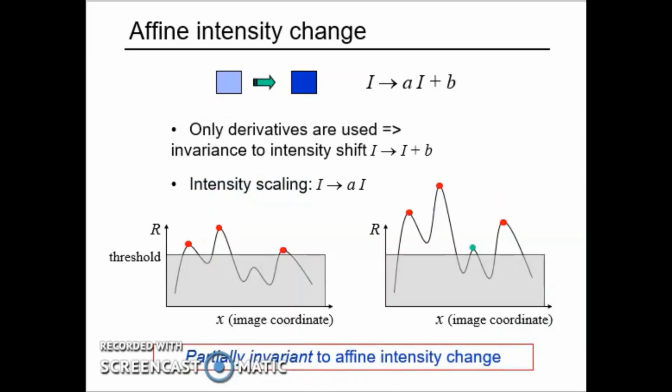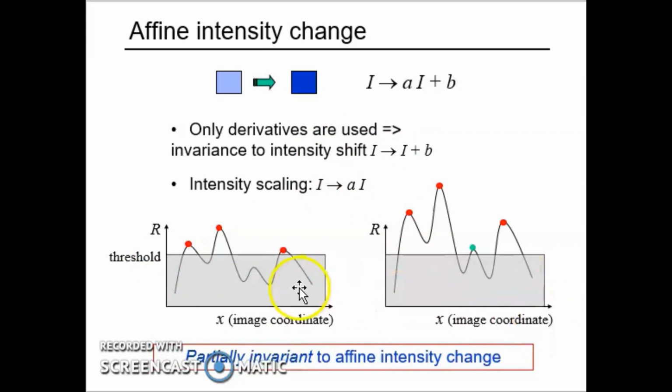Let us briefly discuss these properties that we have mentioned before. First, the property of invariance. Let us talk about an affine intensity change. Let's say that we had an image and we have performed a linear transformation on it such that we scale the image and then shift it by a particular factor. As you can see here, this is the intensity scaling, and this is the shift in intensity.